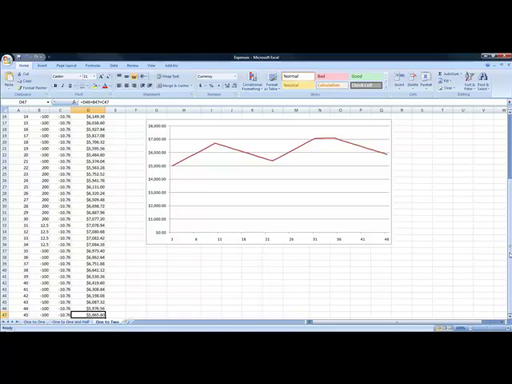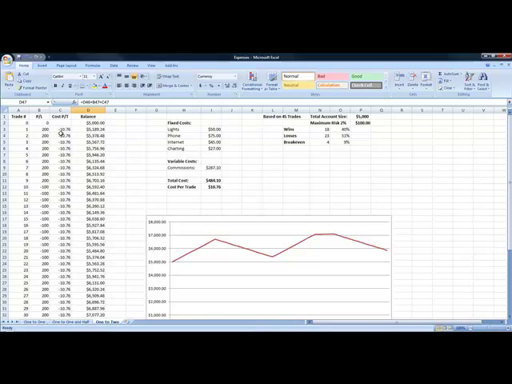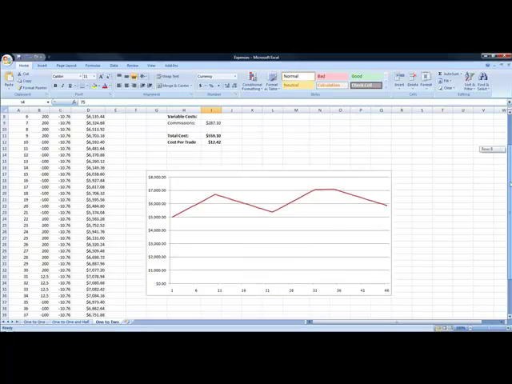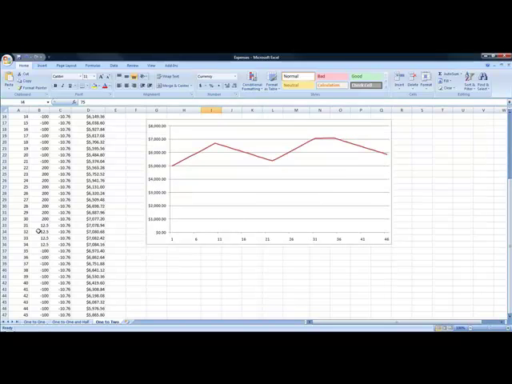As you can see on all of the spreadsheets, we have a cost per trade that is deducted, that is derived from our expenses. And for example, let's say that our light bill is actually $125, then that changes the cost per trade. That also changes your break-even trades.